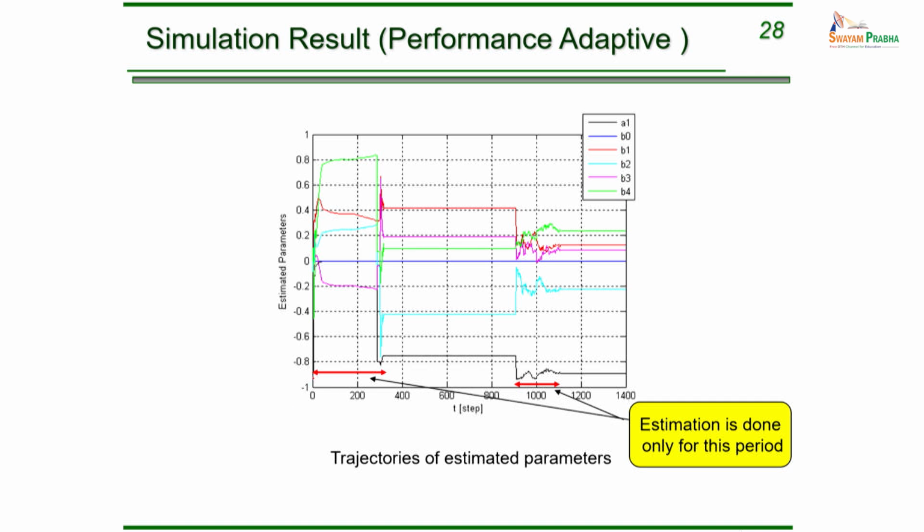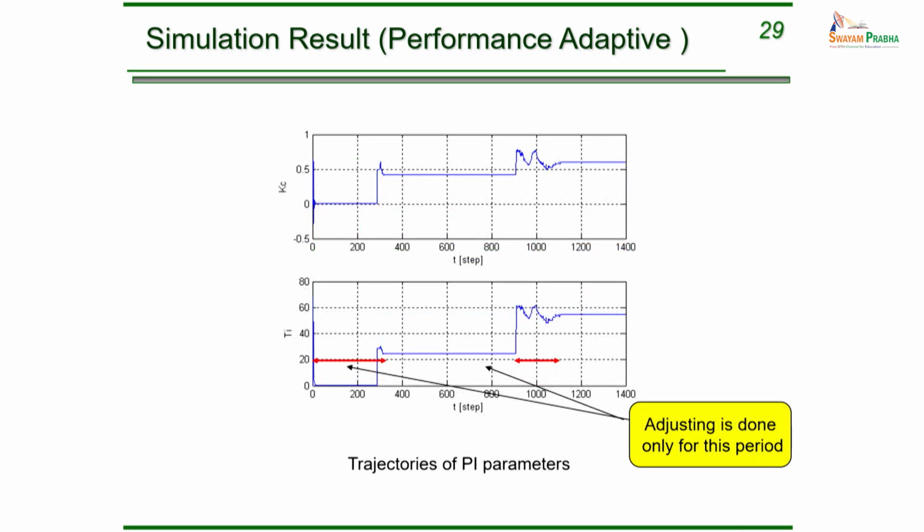we will only do estimation when the performance drops below a threshold, and therefore the estimation is only done for the first 300 sample intervals, and then again at the 900 sample intervals up to 1100, when performance drops below a certain level. We do system identification, compute the parameters, and generate new PID constants. So here is that result.